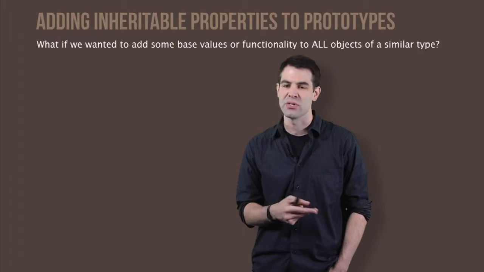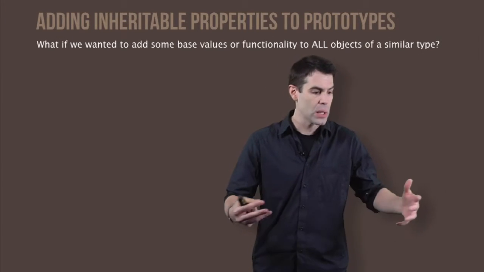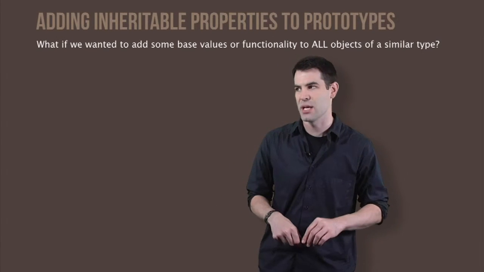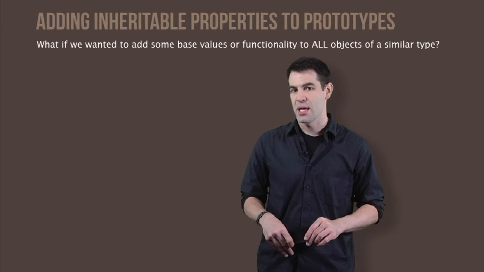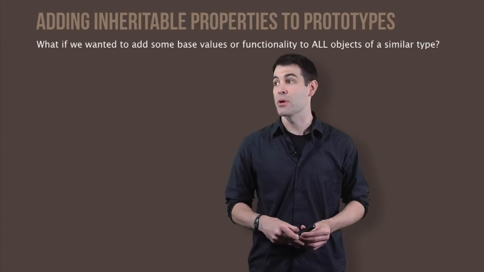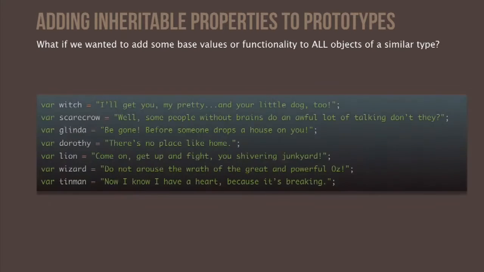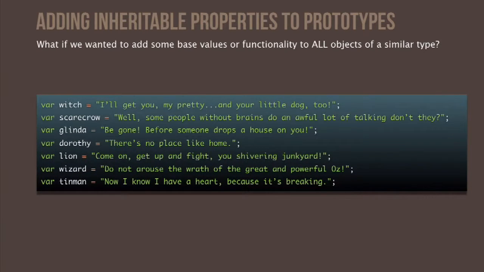We're going to try to blow your mind a little bit here. What if we wanted to add some base values or some functionality to all objects of a similar type? Yes, we can add inheritable properties to prototypes. Let's say here that we had a bunch of strings in whatever program we were working on, and we needed to be able to count the amount of any letter within each string.